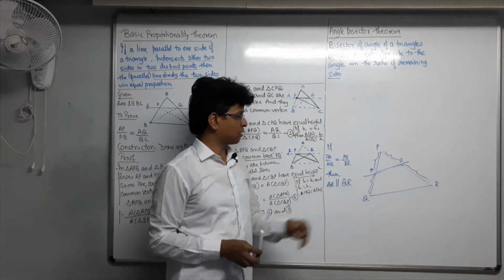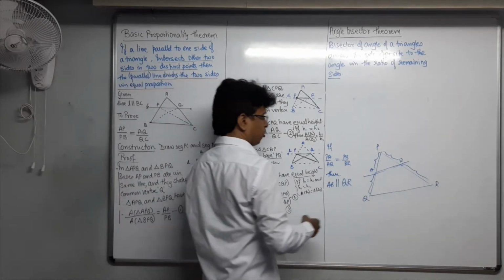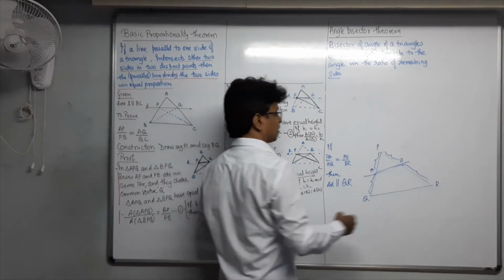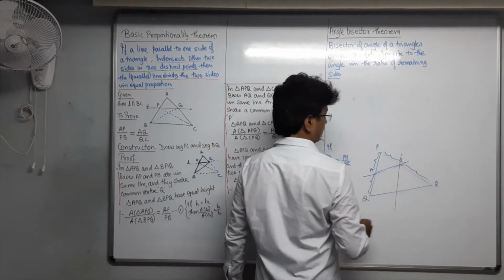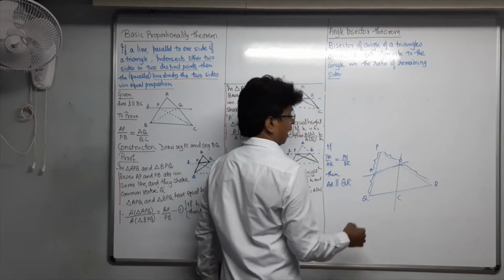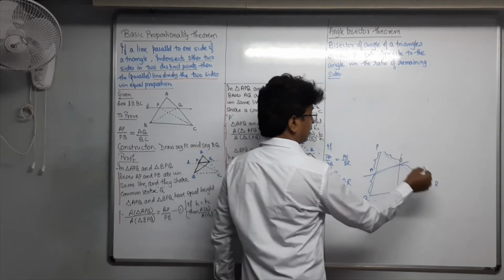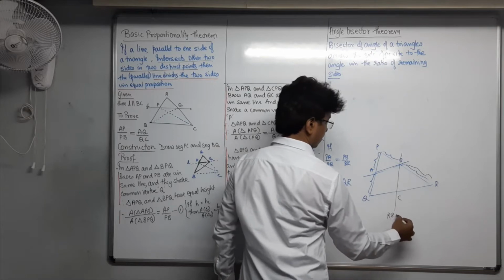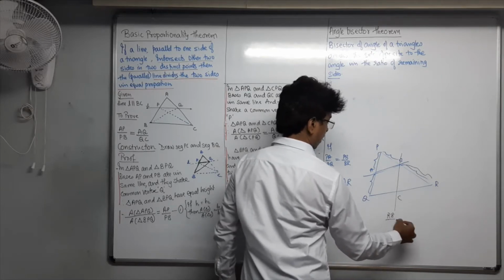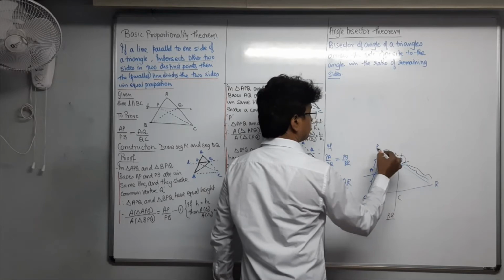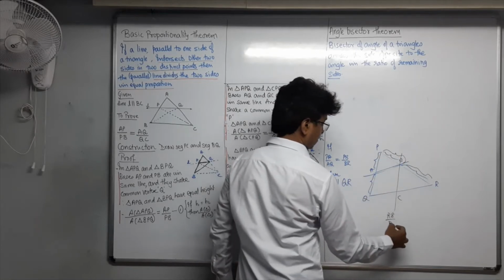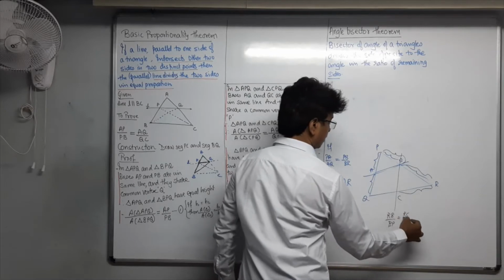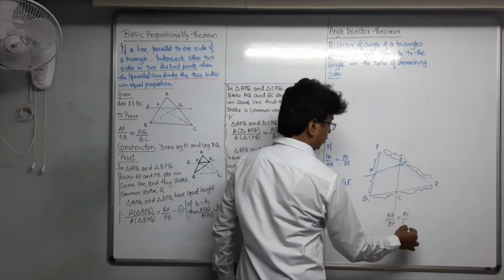If I by any chance, see here many things can be there. You should be able to do in many ways. See, if supposing there is another line here, this is C, and then here I get that RB upon BP is equal to RC upon CQ.